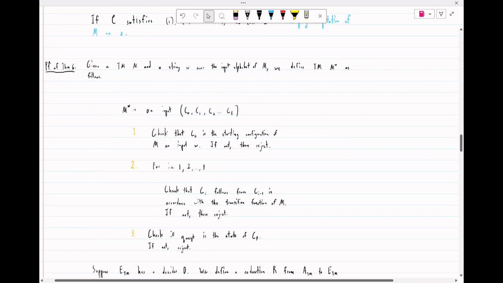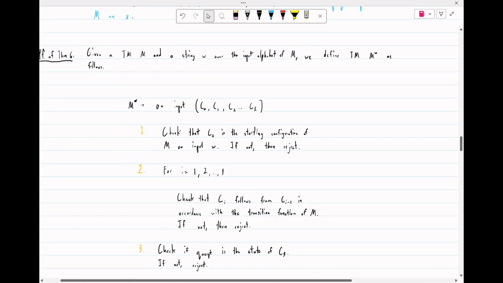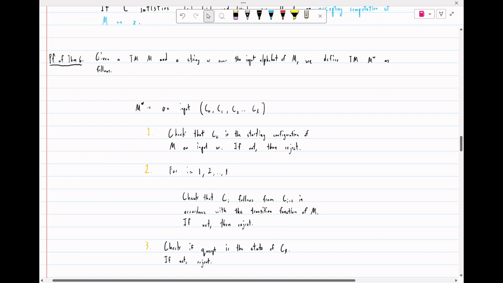So we get a configuration and accept. But if M doesn't accept W, how can we get that? Oh, I see what you mean. The language of MW, if it accepts a string, means that string has to be an accepting computation. But we can feed as input to MW non-accepting computations of M on W. That's the thing.